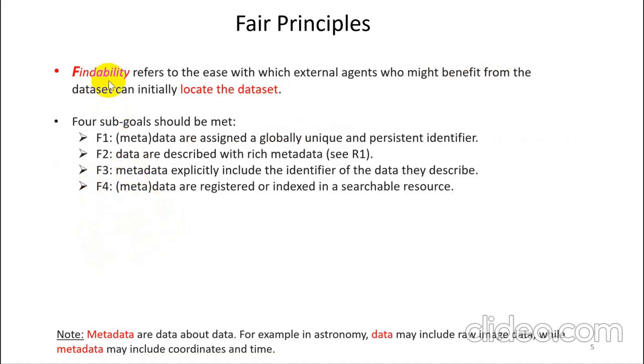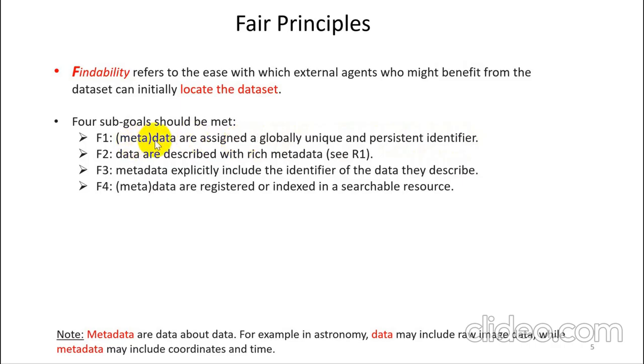Findability refers to the ease with which external agents who might benefit from the dataset can initially locate the dataset. Four sub-goals should be met. The first sub-goal is that metadata and data are assigned a global, unique, and persistent identifier.